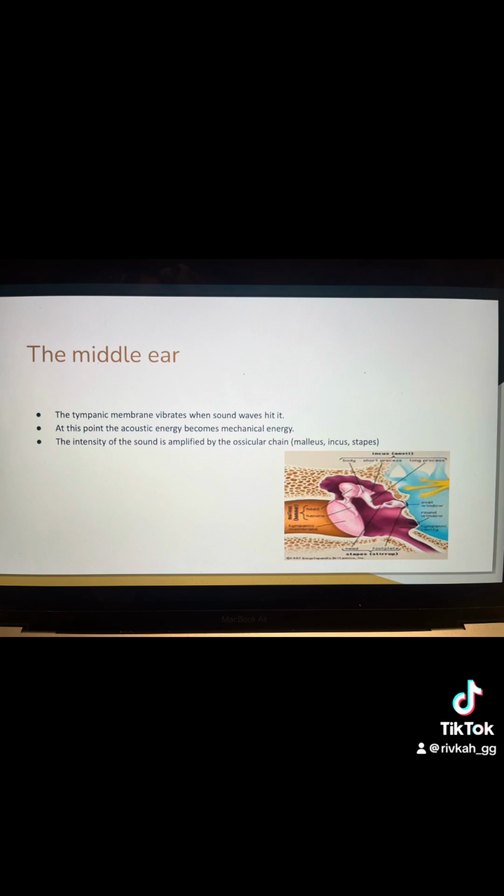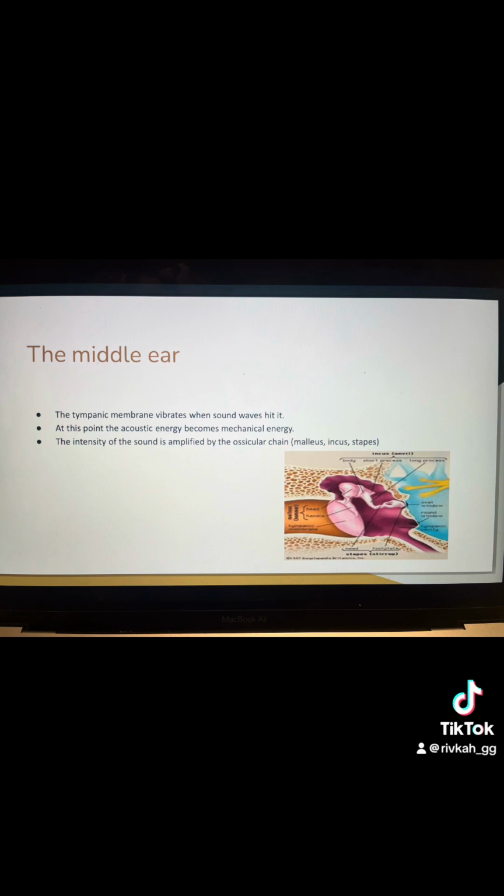When the sound wave hits the tympanic membrane, which is located in the middle ear, this makes the tympanic membrane vibrate. And at this point, the acoustic energy becomes mechanical energy. After these vibrations hit the tympanic membrane, they're passed to three tiny little bones, which are called the ossicles, and it consists of the malleus, which you can think about as a hammer.